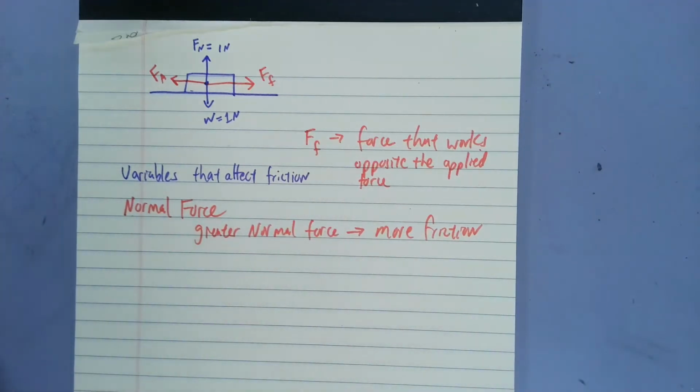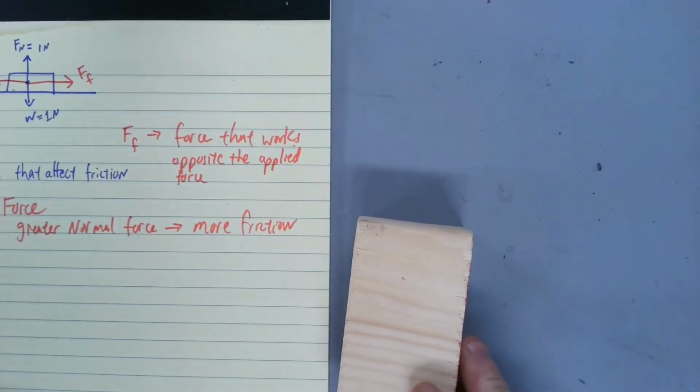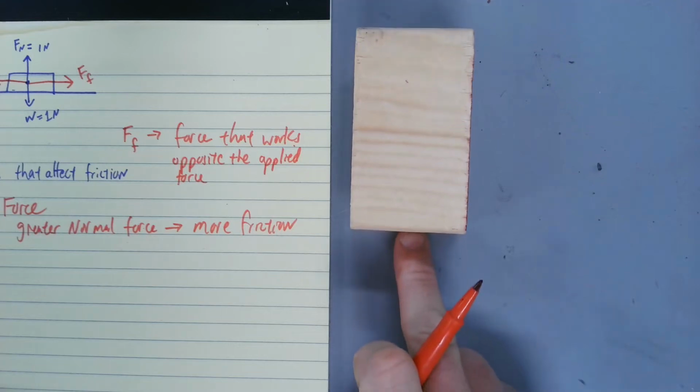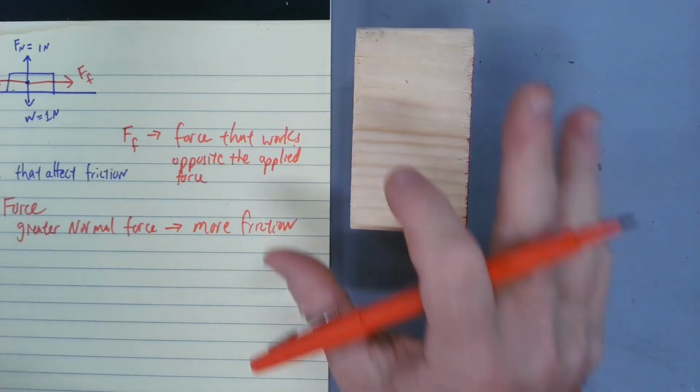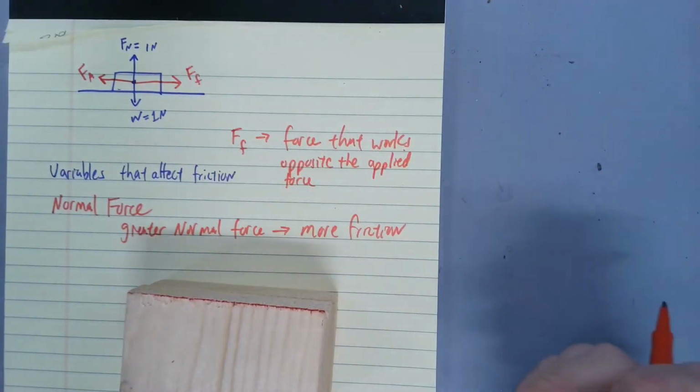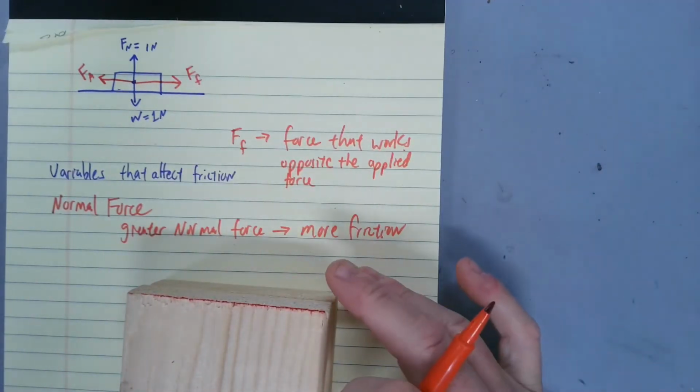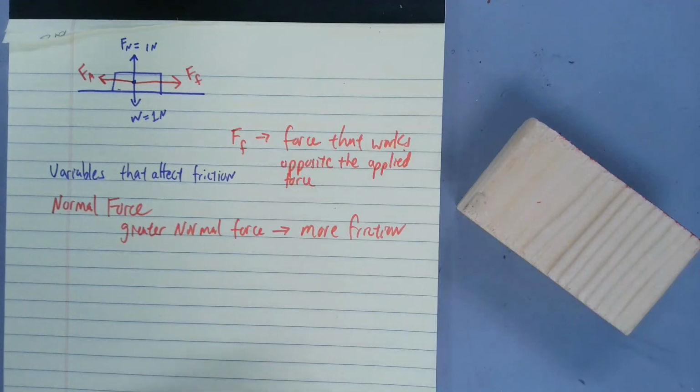The second thing is, what are you moving? What's in contact with one another? These blocks are a lot easier to move across this really smooth tabletop than they would be across even the paper or certainly the carpet. So these surfaces in contact really change the frictional force.